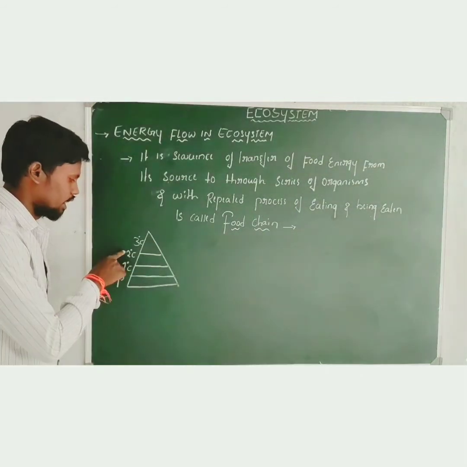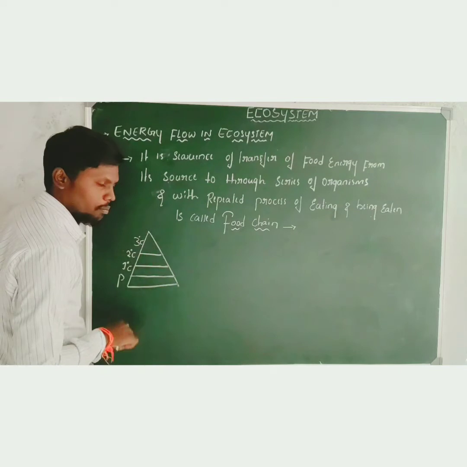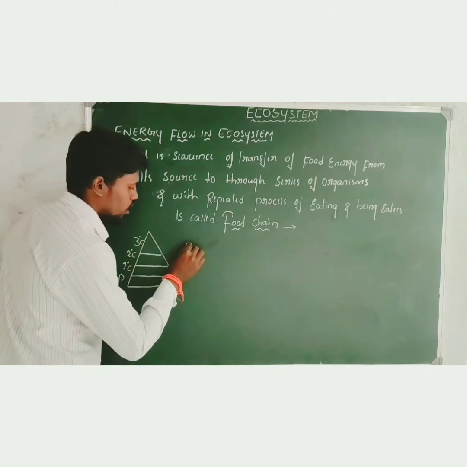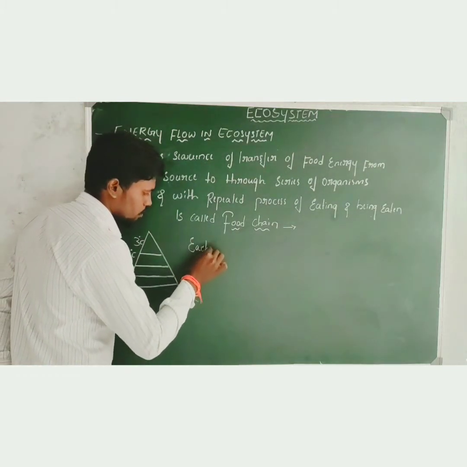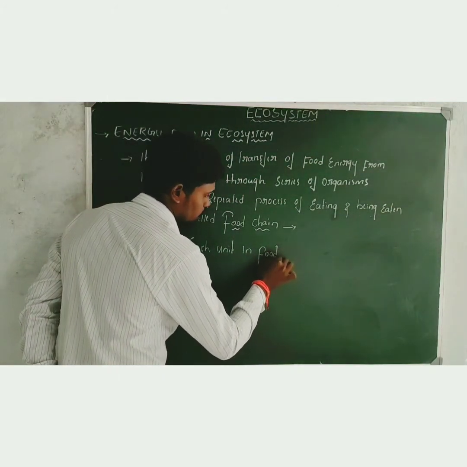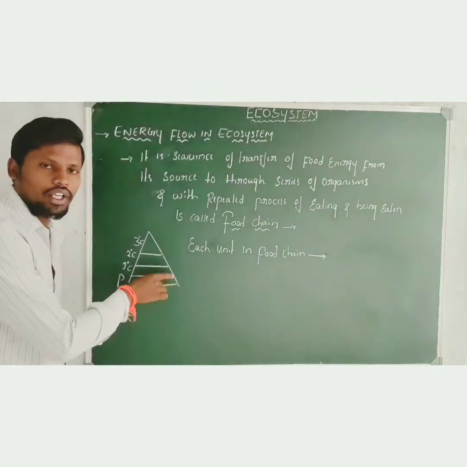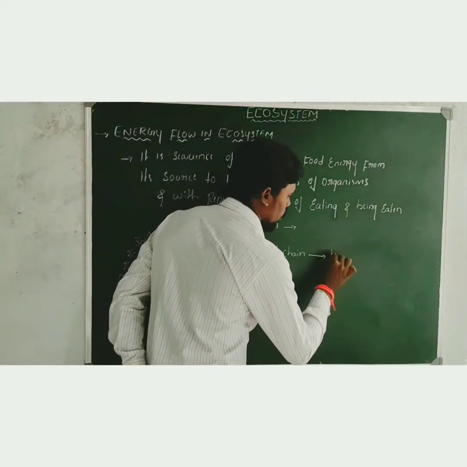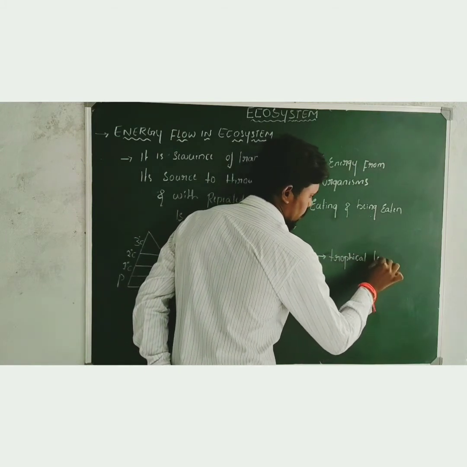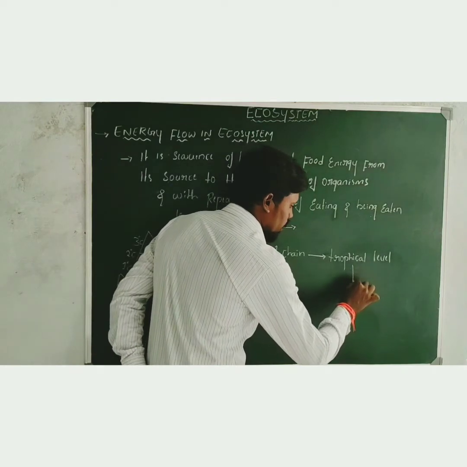Each step or each unit in the food chain is called a trophic level.